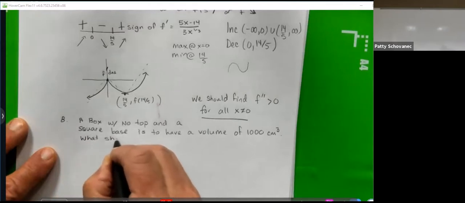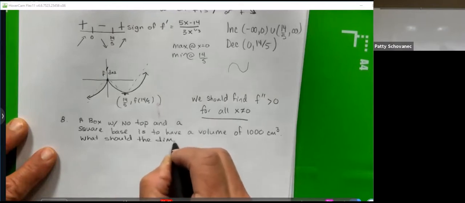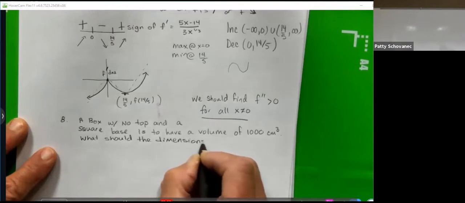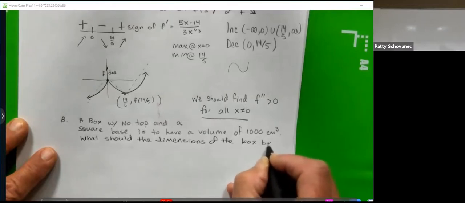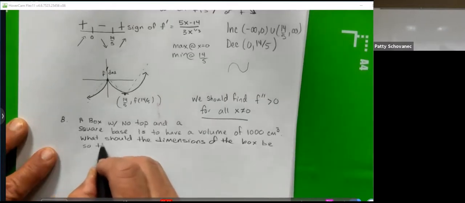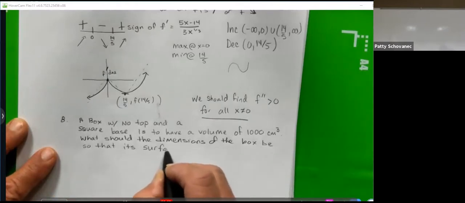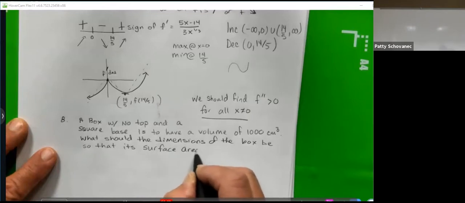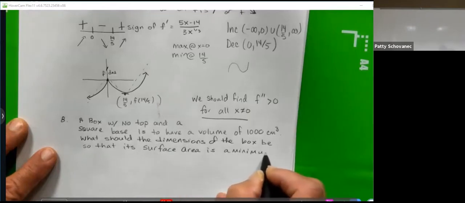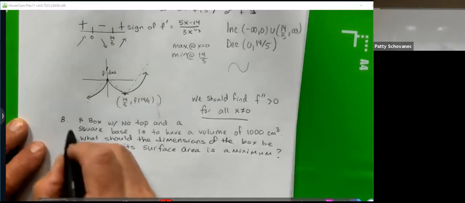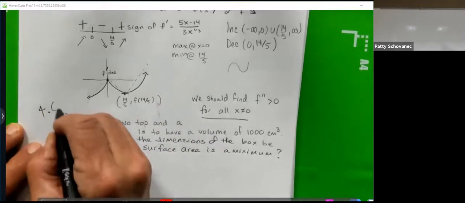What should the dimensions of the box be so that its surface area is a minimum? This is section 4.6.